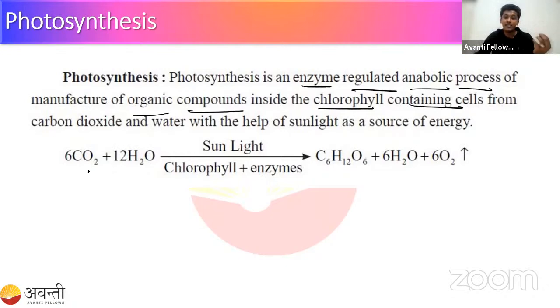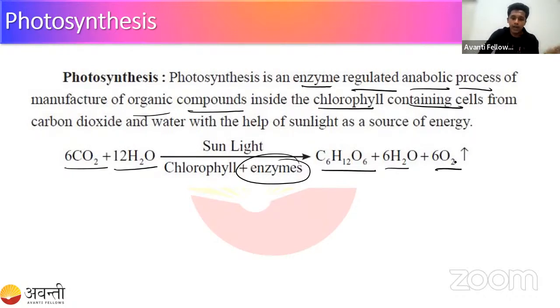My balancing was severely wrong, so here we have a balanced equation. 6 molecules of carbon dioxide in the presence of 12 molecules of water, in the presence of sunlight, chlorophyll and enzymes, which are essential for the accomplishment of photosynthesis, result in glucose, that is a sugar, and 6 molecules of water, and 6 molecules of oxygen are liberated by the end of this chemical reaction.